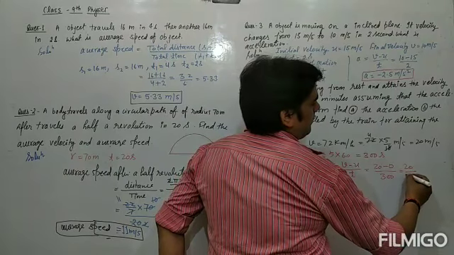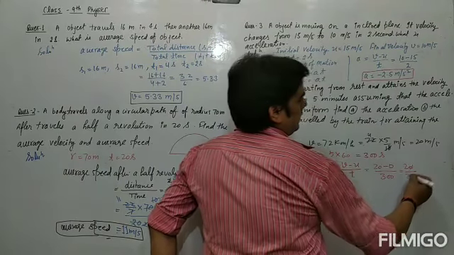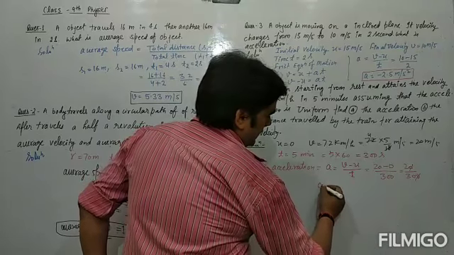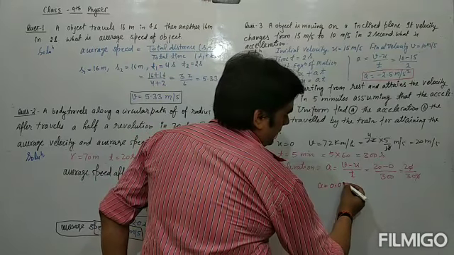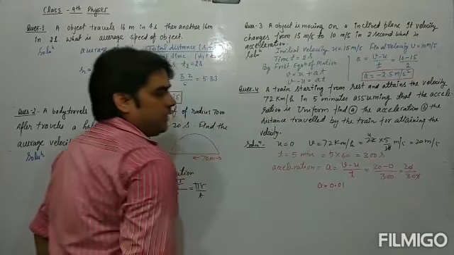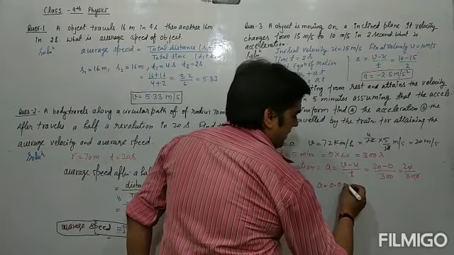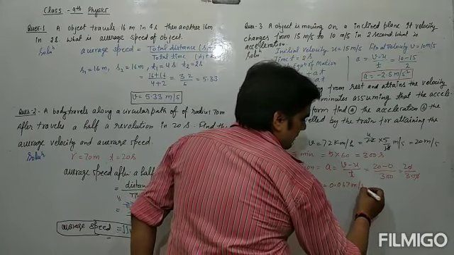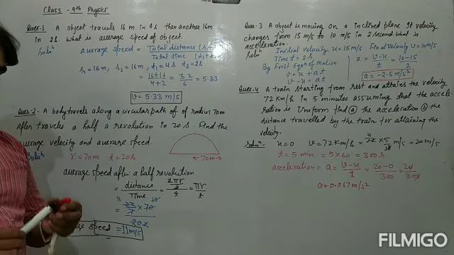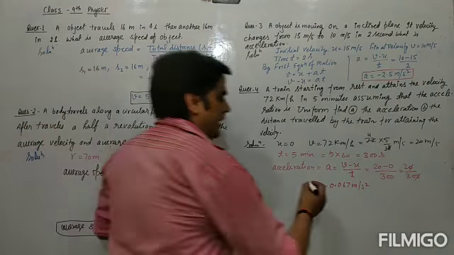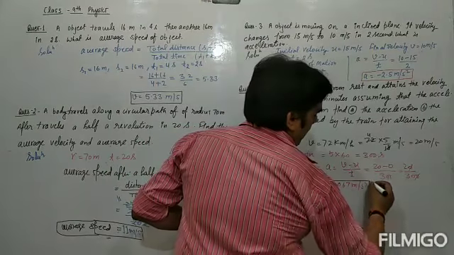This is 20 upon 300. Cancel out. Acceleration a is equal to 0.0. Divide this, what comes? 0.067 meter per second squared. This is the value of acceleration.